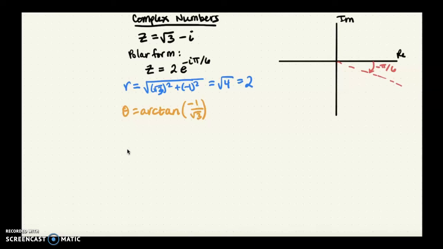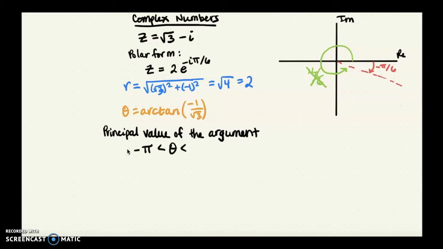And remember, we don't want to take 11 pi over 6. That's not what we want to do, because we're interested in the principal value of the argument. And that just means that whenever you pick theta, you want to make sure that it's between minus pi and pi. So 11 pi over 6 is not in that range, so we want to make sure we're picking a theta value that is.